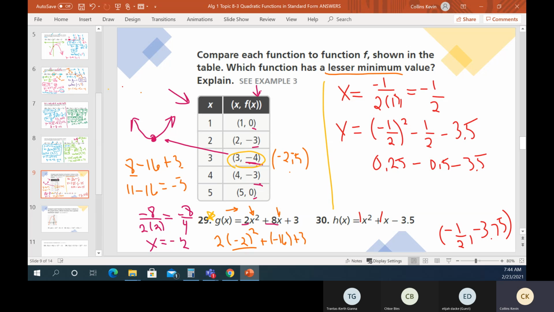It's close, but it's still not -4, right? So in this case, this guy up here is going to be the one that has a lower value, because this guy bottoms out at -3.75. He bottoms out at -4. And this guy down here, we said bottomed out at what? -5. This guy over here. Okay, see what they're looking for?